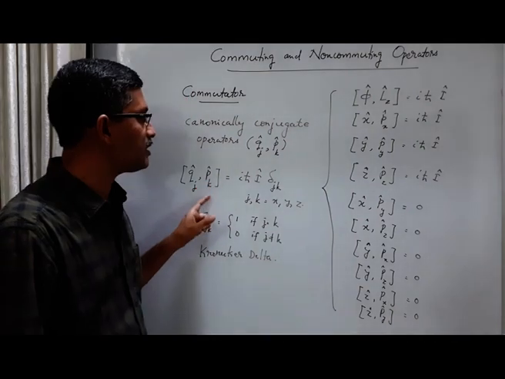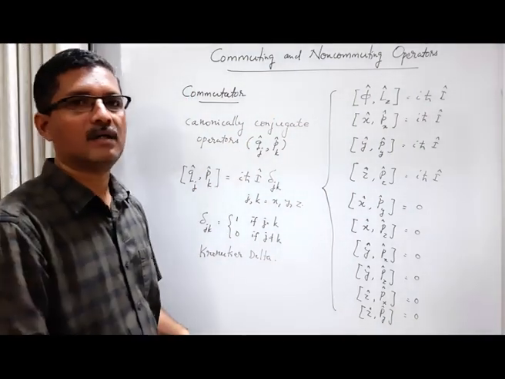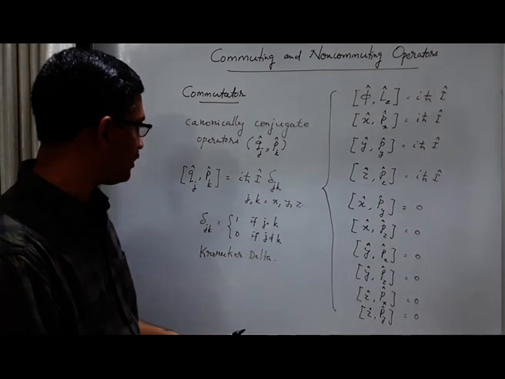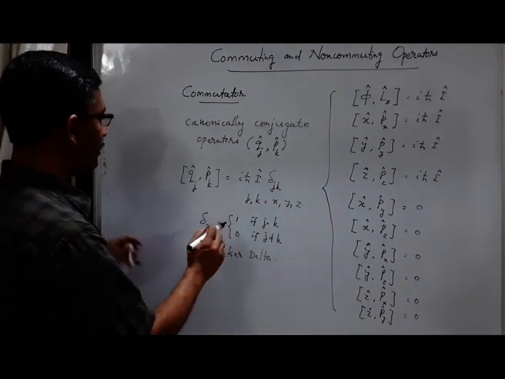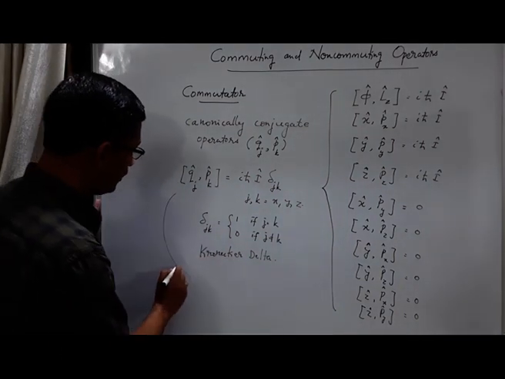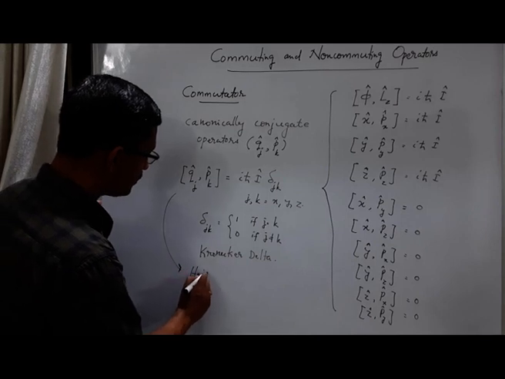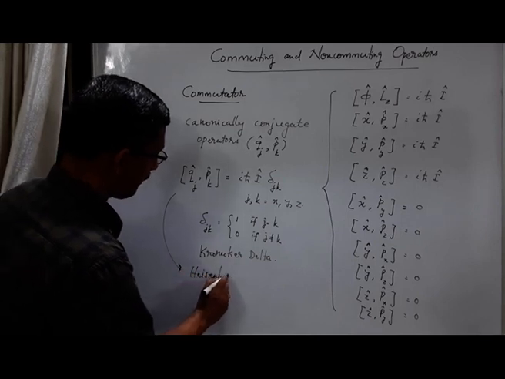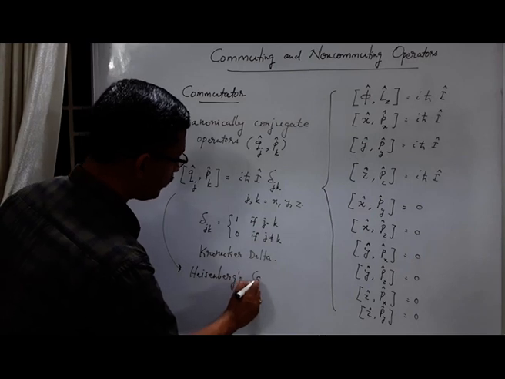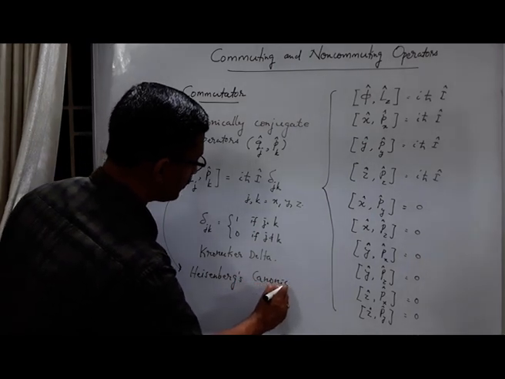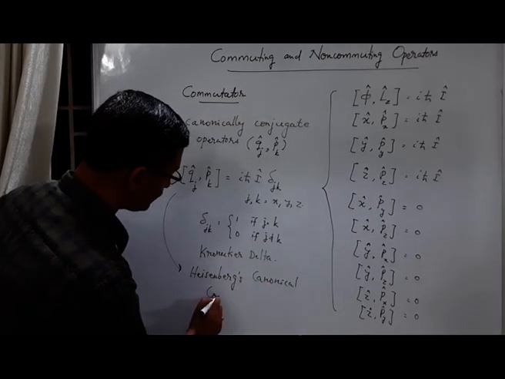So the single notation represents all these commutation rules, and this commutation rule is called Heisenberg's canonical commutation rule.